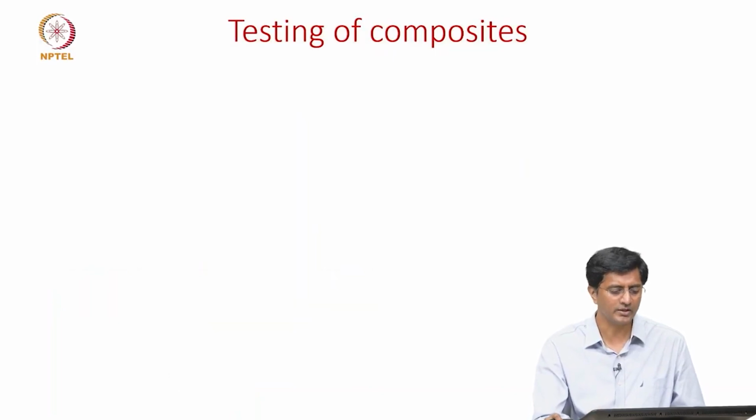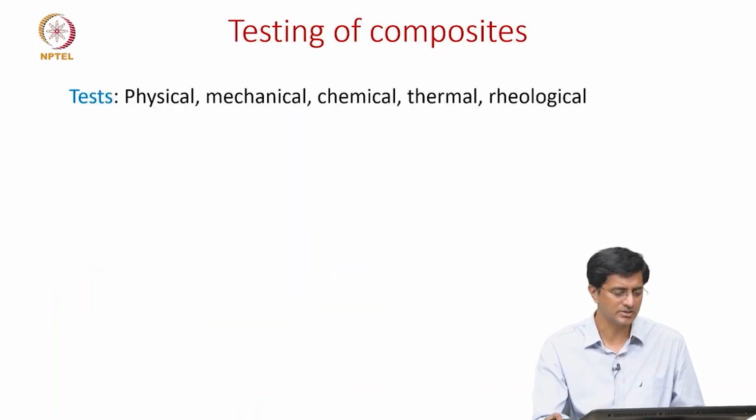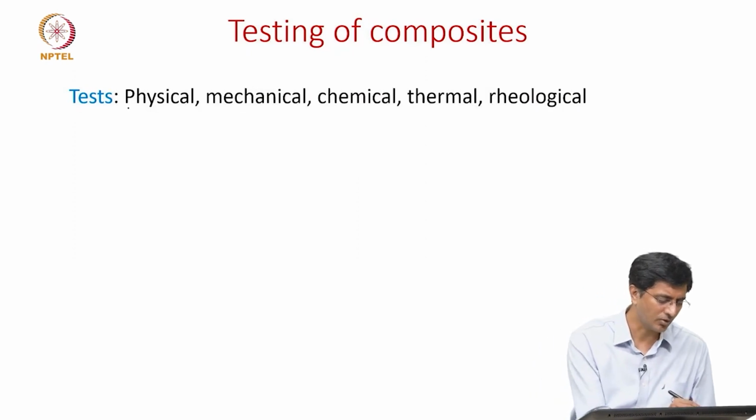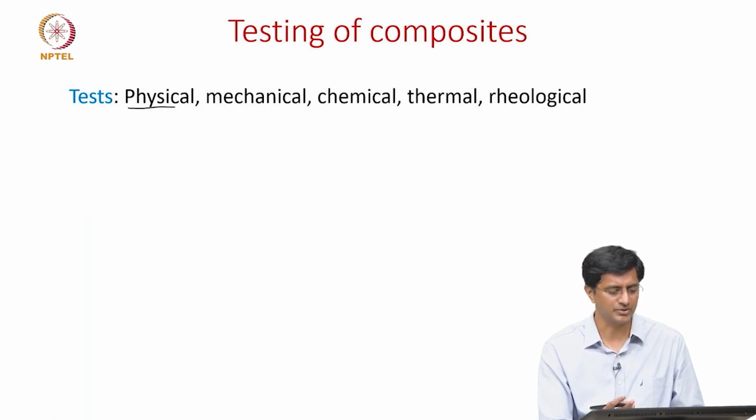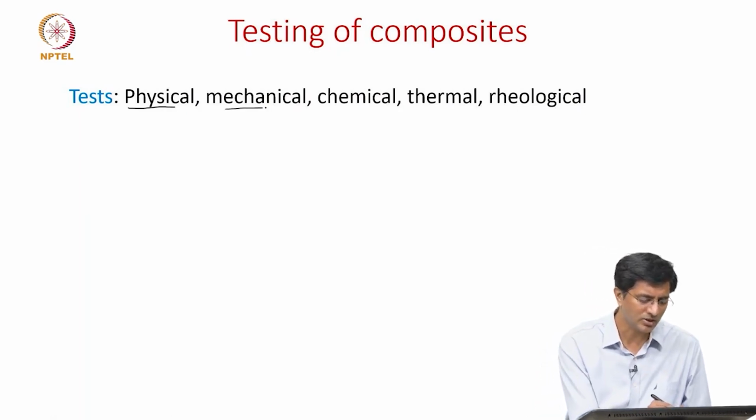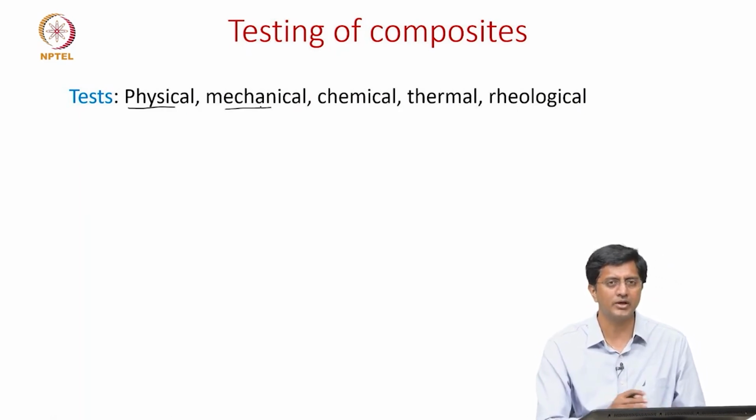So when we look at testing of composites, of course, there is a series of tests ranging from physical properties, such as the density of the composite or the volume fraction of the composites. And then comes the mechanical tests, where we are looking at the elastic modulus, the shear modulus, Poisson ratio, and the strengths corresponding to these loads.